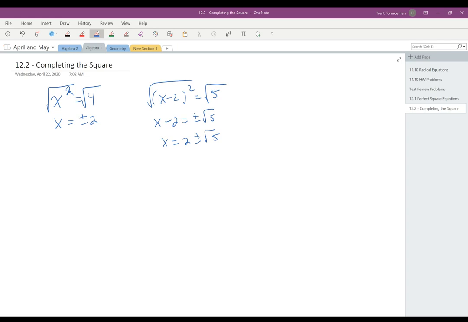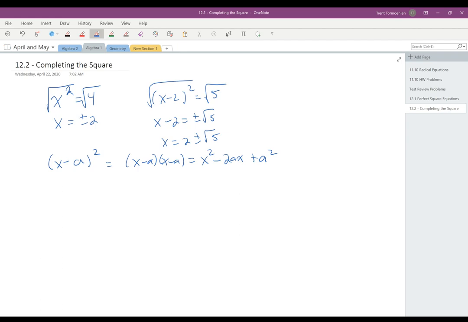So a natural next step is to ask: if that's such an easy way to solve a quadratic, how do I put something in that form? To do that, we need to remember what a polynomial perfect square looks like. We've done this plenty. If I have x minus a squared, that is equal to x minus a times x minus a, which gives us x squared minus 2ax plus a squared.